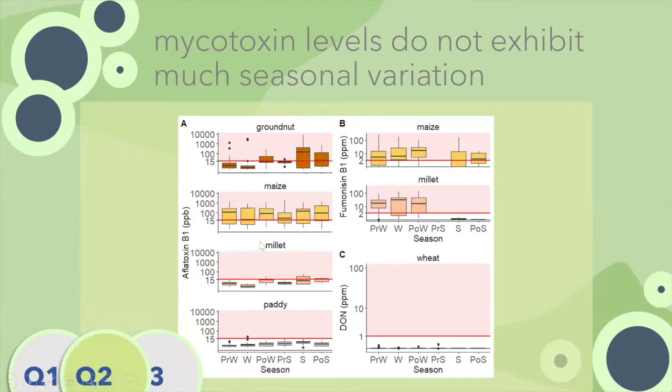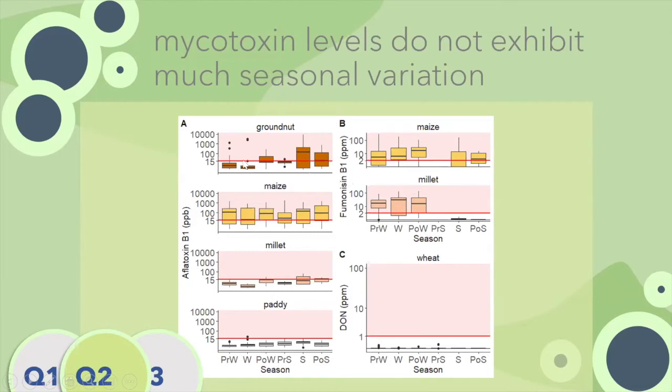So for aflatoxin in panel A, we analyzed groundnut, maize, pearl millet, and rice samples across the 6 seasons in all of these locations. For maize and millet, we also analyzed fumonisin B1, given the known vulnerability of these commodities to fumonisin deposition. And then in wheat, we analyzed deoxynivalenol, or DON.